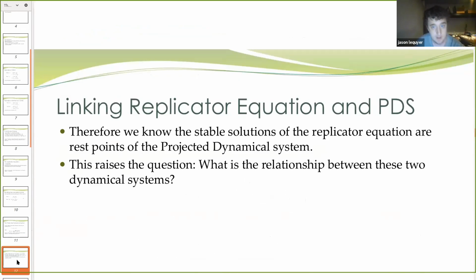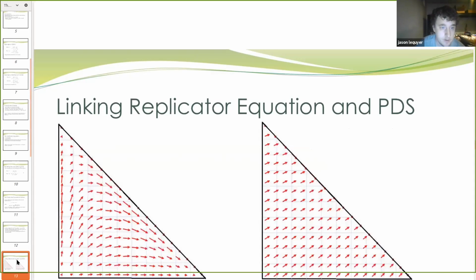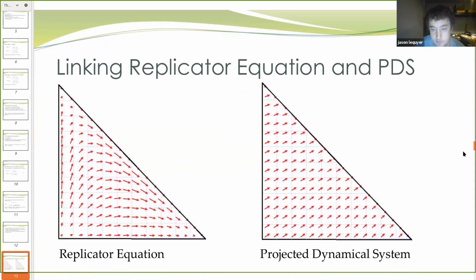And so the question is, how do we link these two dynamics? How do we link the projected dynamical system to the replicator equation? And first, we can just observe how they look. The projected dynamical system gets to the boundary and then it immediately starts projecting onto that boundary, and it ultimately converges to its rest point, which is a solution known as the variational equilibria of our GNSC.